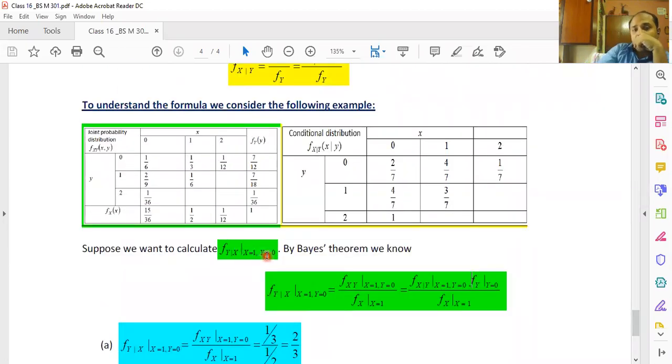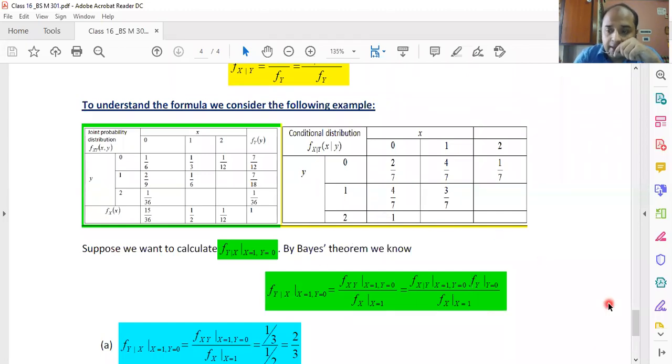In this manner, you can prepare the entire conditional distribution chart for the random variable y given x, for which you are going to consider all possible pairs of values of capital X and capital Y. I have shown only one calculation. You can try and find the entire chart of f of y by x accordingly by using the definition of the theorem of inverse probability.